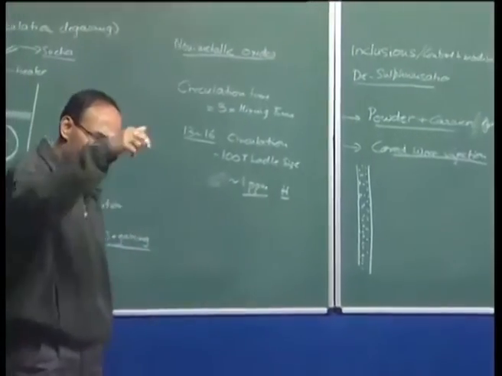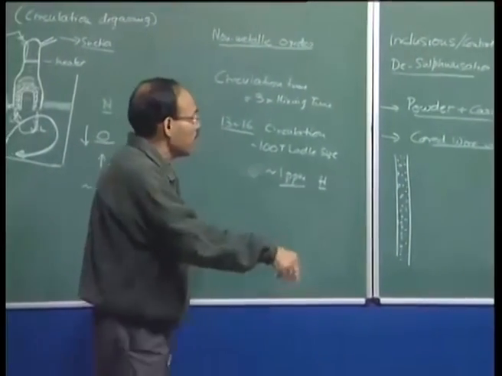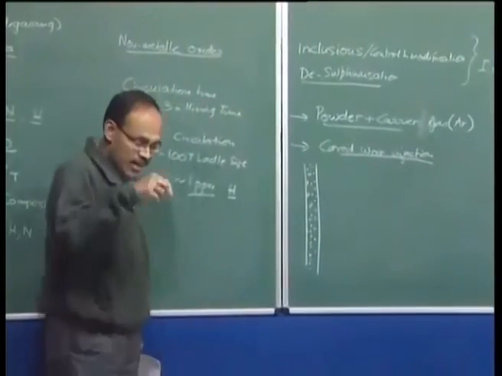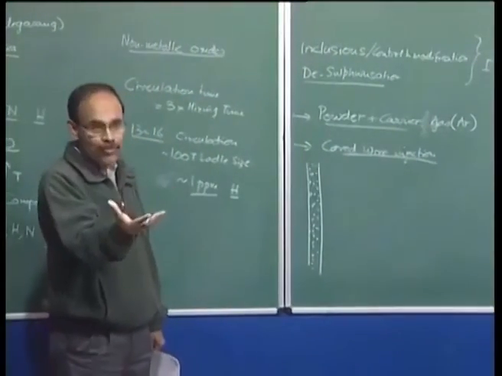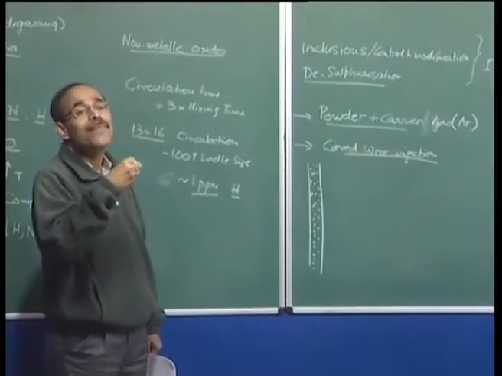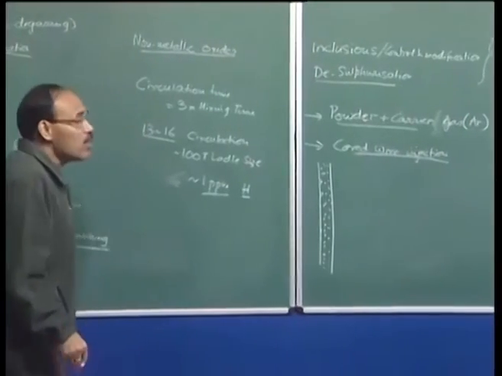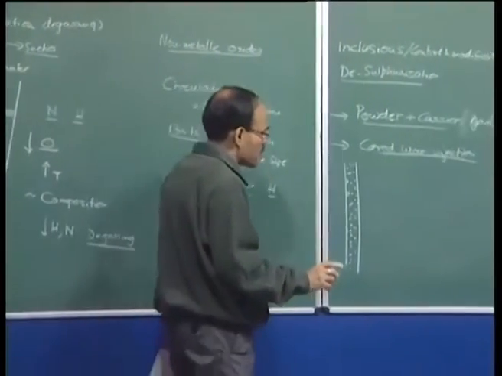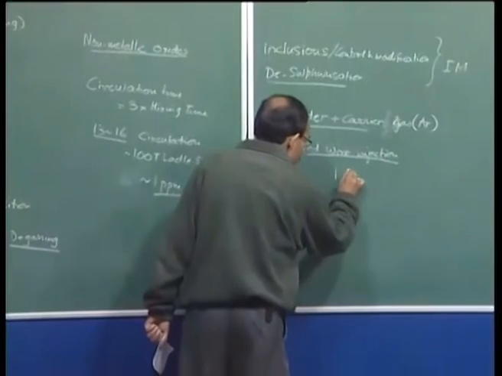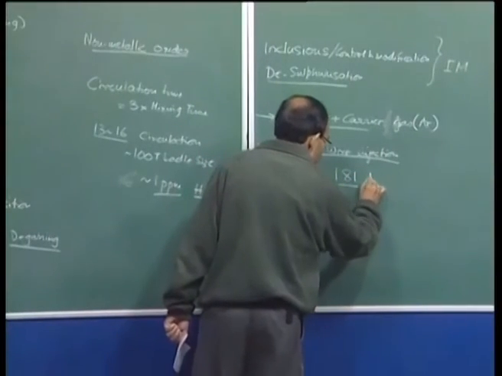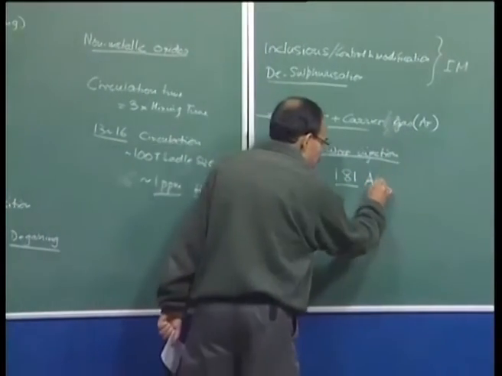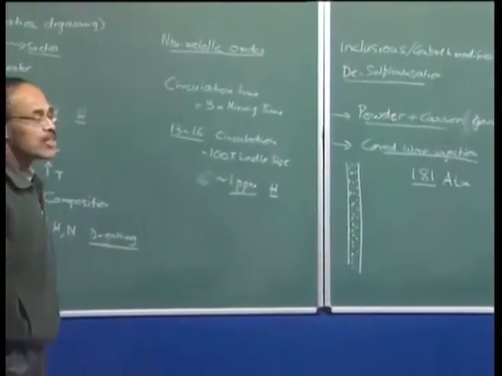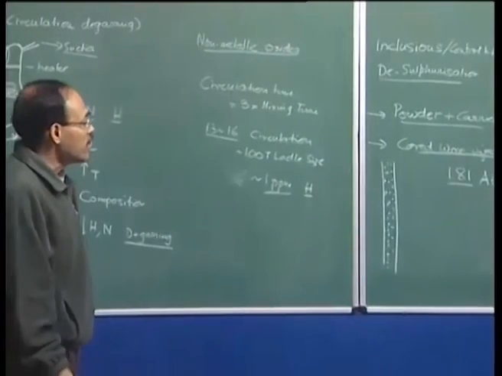So, whatever calcium you inject, either in the form of powder or in the form of a cold wire, when it comes in contact with molten steel, it is going to immediately become vaporized. Its vapor pressure under steelmaking conditions is roughly about 1.81 atmosphere at 1600 degrees centigrade. So, immediately upon contact with molten steel, calcium is going to be in vapor phase.